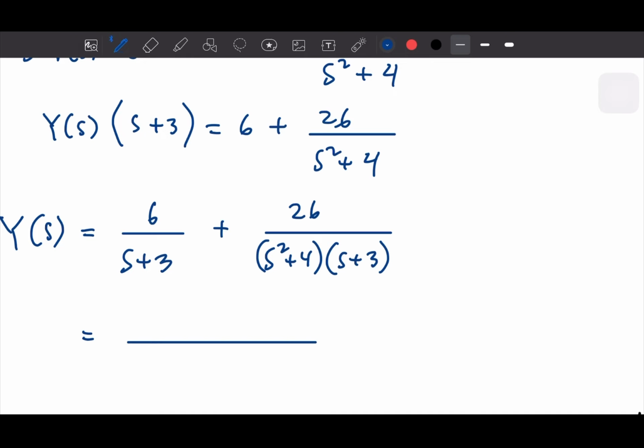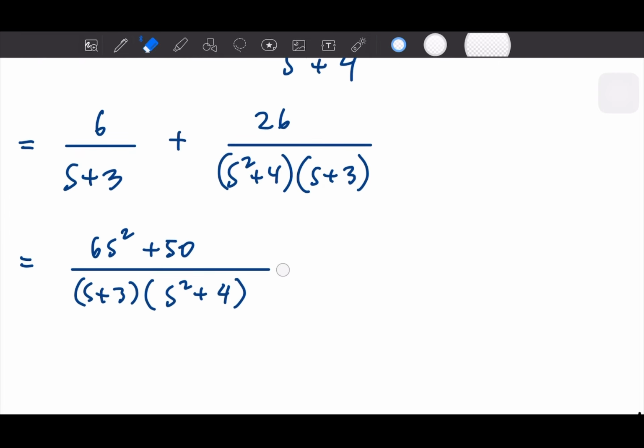And you will see that we have the s plus 3 and s squared plus 4. And this will be 6s squared plus 24 plus 26, so 6s squared plus 50. So we partial fraction this huge fraction now.